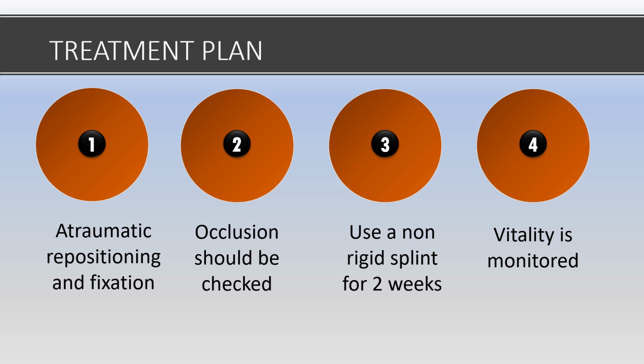Gradually we start receiving a positive response and soon the tooth starts responding normally. However, in some cases you can receive a false negative even up to 3 months. So this is how you manage a case of extrusion of the tooth. I hope you have followed it.